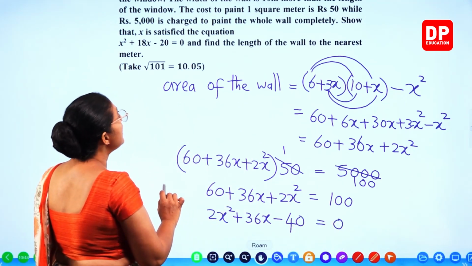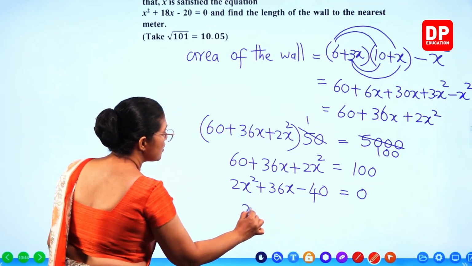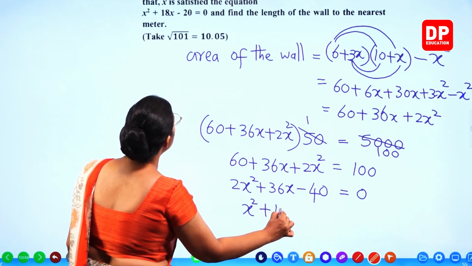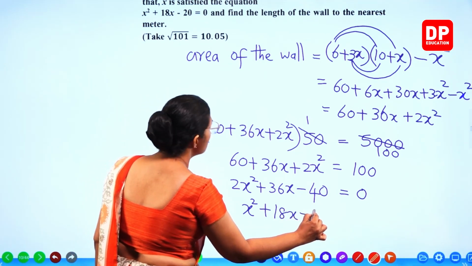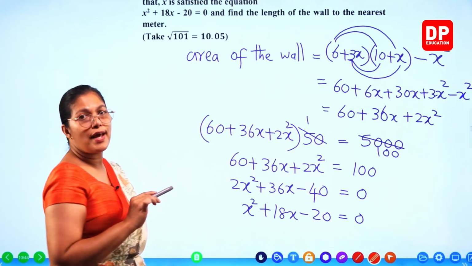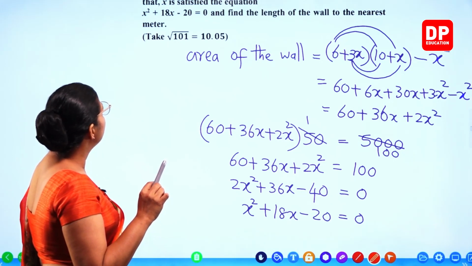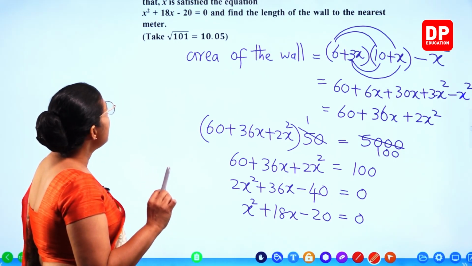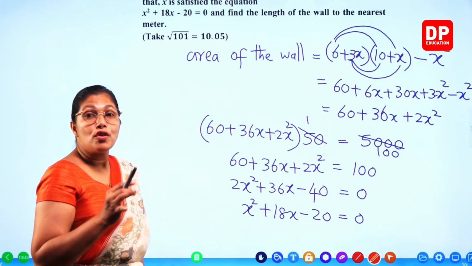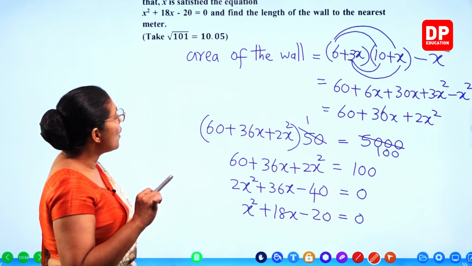Divide the whole equation by 2. x squared plus 18x minus 20 equals 0. So that's what you need to show. So that's the quadratic equation. Then find the length of the wall. Now you have to solve and find the x value first to find the length of the wall.